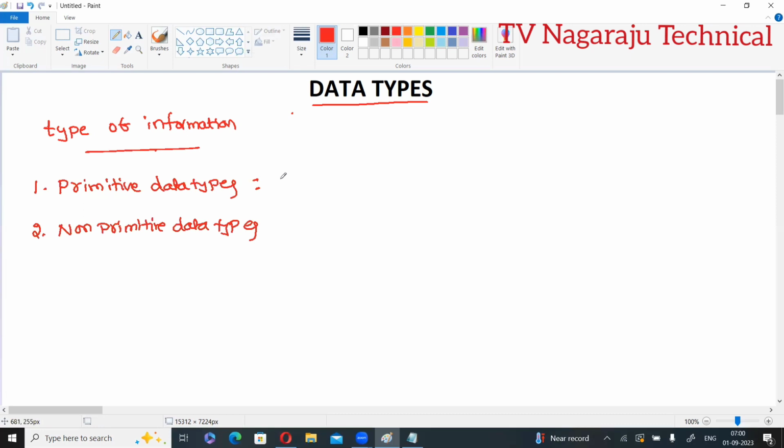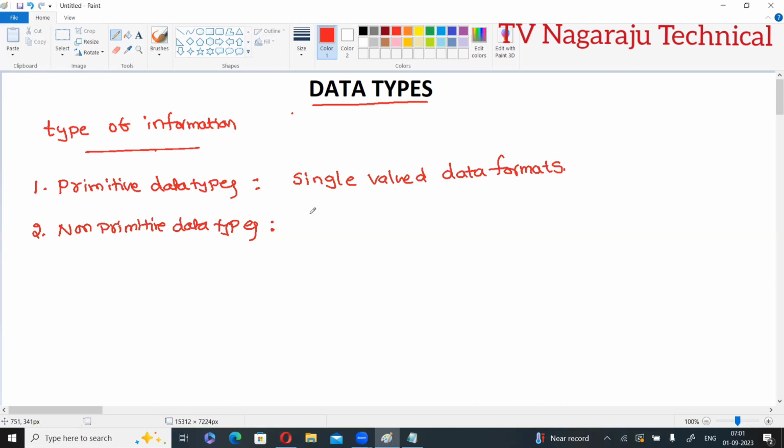What is meant by primitive data types? In the simplest form, the single valued data formats are called primitive data types.